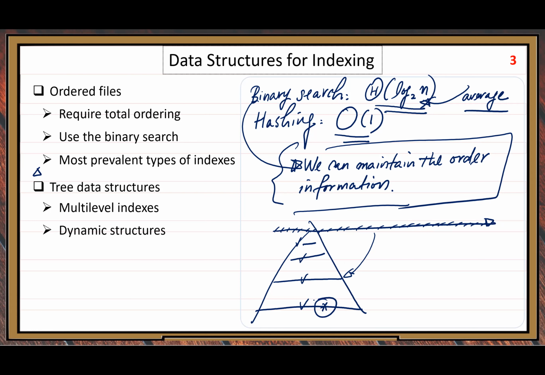How can you still maintain the order information in your index file? Insertion breaks the order, so you need to fix it. The fix operation should be fast, not very slow. That's the requirement.